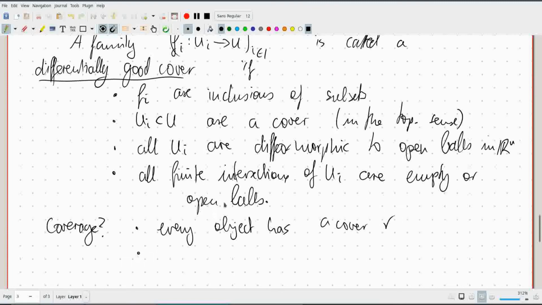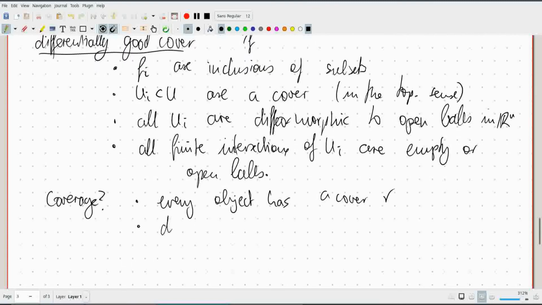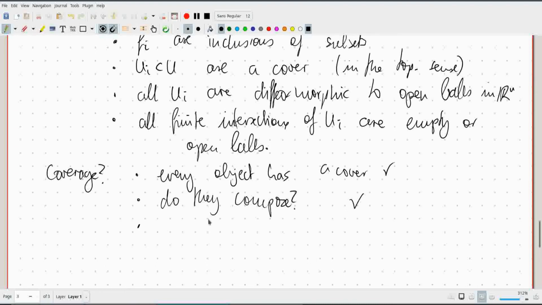Second thing is, do they compose well? And, well, yeah, we're just dealing with inclusions, so there's nothing really to check. And thirdly, this partial pullback property, why is that satisfied? Well, if you pull back a differentially good open cover, you just get an open cover, and then you can refine that to a differentially good open cover.